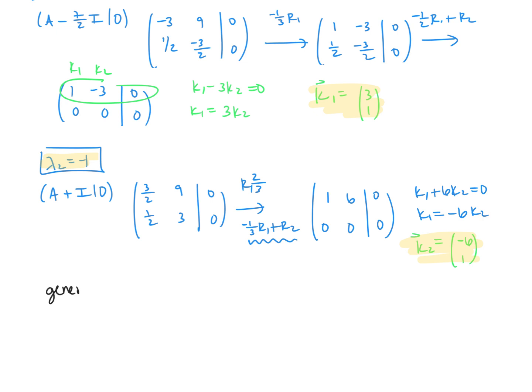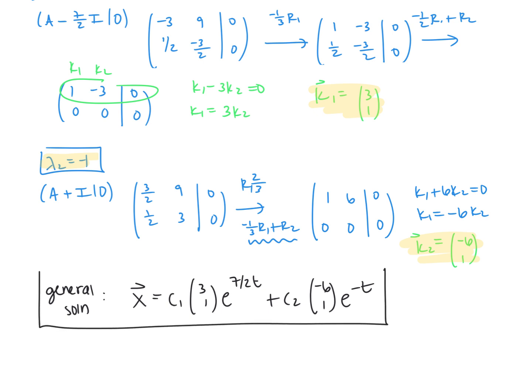So the general solution to our system is x equals C1 times 3, 1, e to the 7 over 2t, add C2 times -6, 1, e to the -t. So this is the general solution of our first homogeneous system.